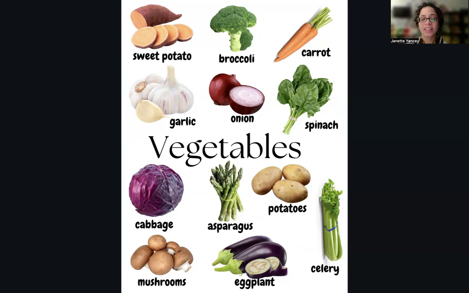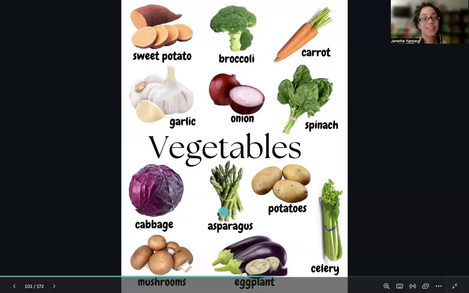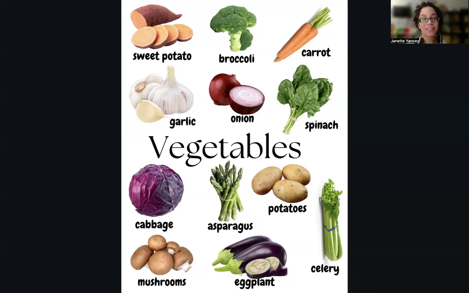Where can I find mushrooms? Where can I find eggplant?